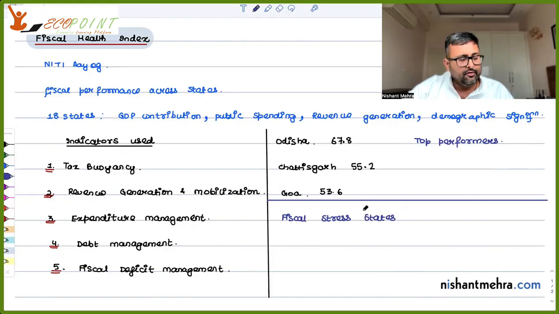In states in which you have fiscal stress, बहुत ज़्यादा, those states are Punjab, Andhra Pradesh, West Bengal, Kerala.